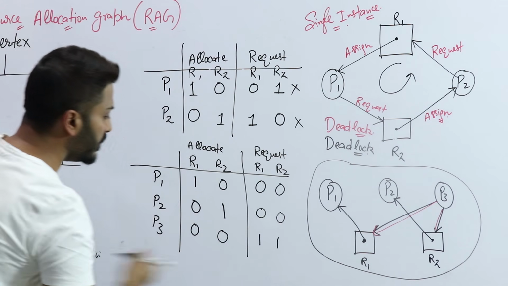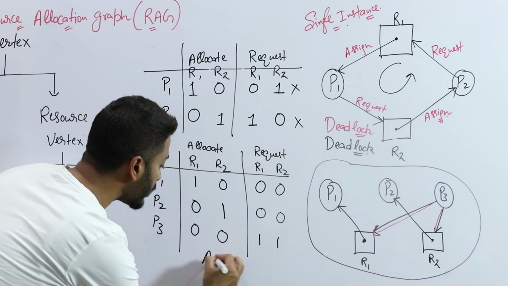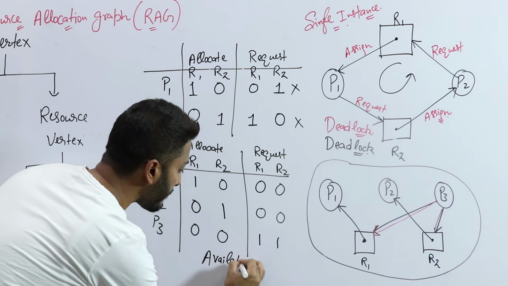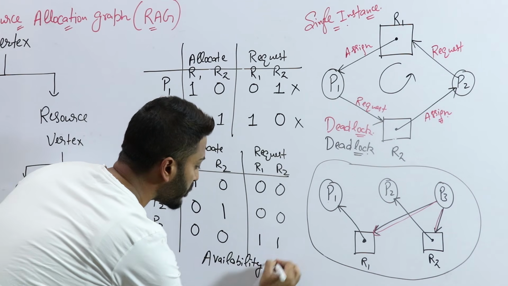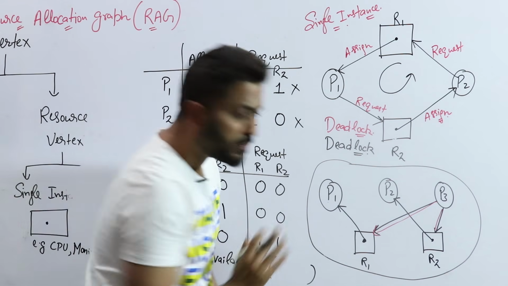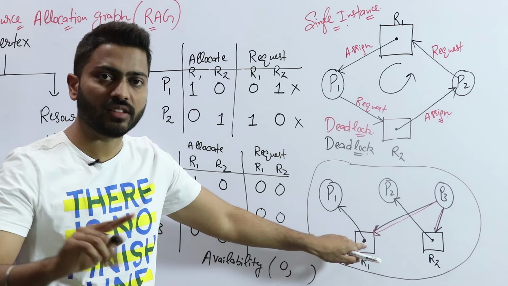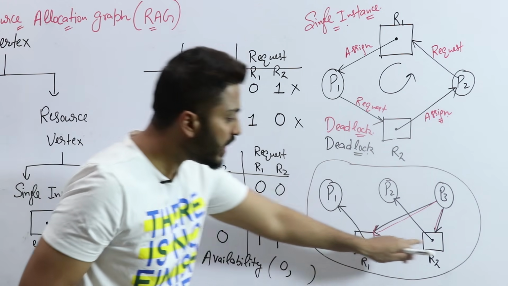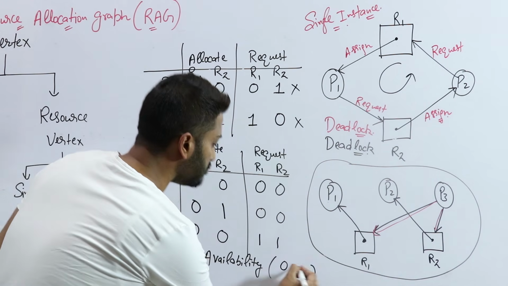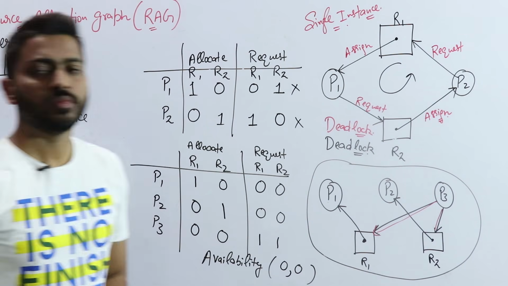Now check the availability. Do I have any resource of R1 available? No, because only one instance exists and it is already taken. Do I have any resource of R2? No. Only one instance, already taken by some process.